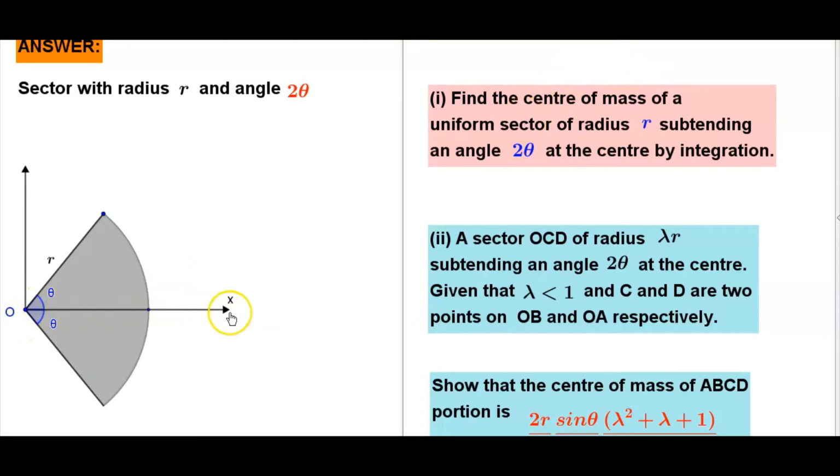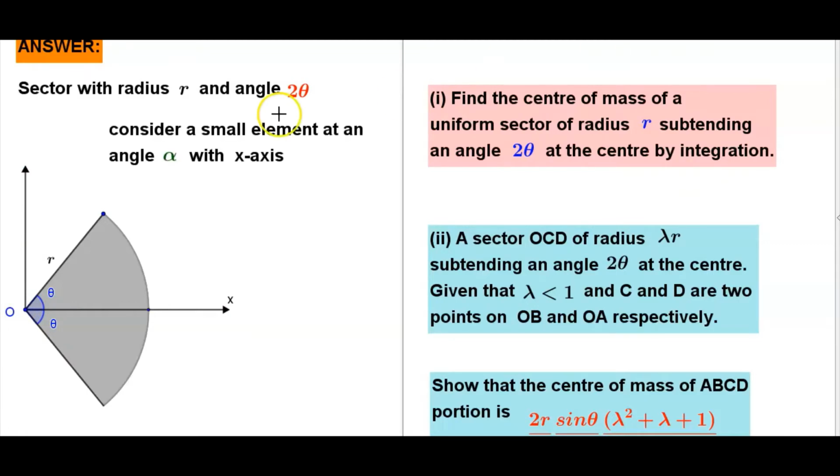This is the horizontal OX axis and the vertical OY axis. Consider a small element at an angle alpha with the X axis.